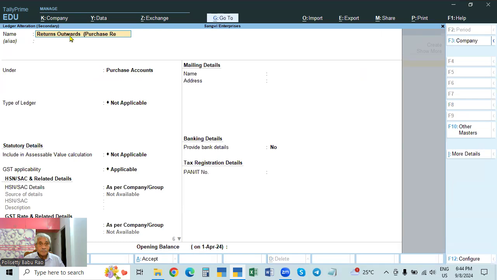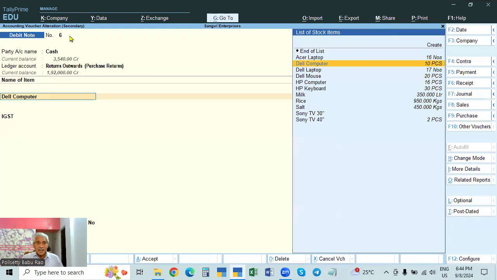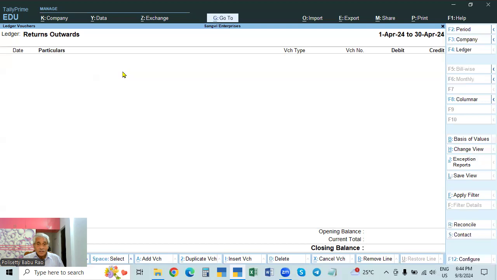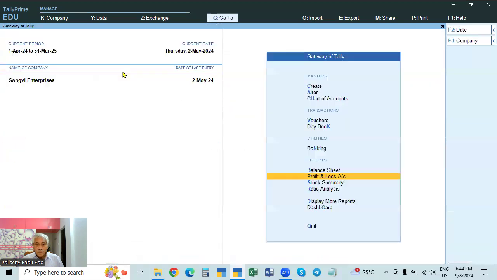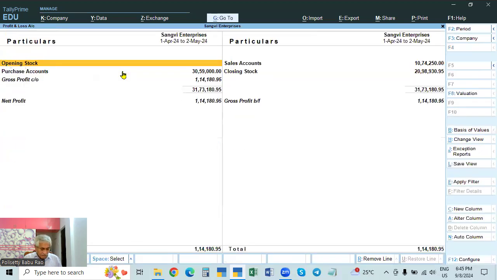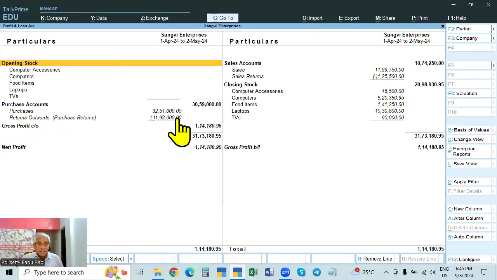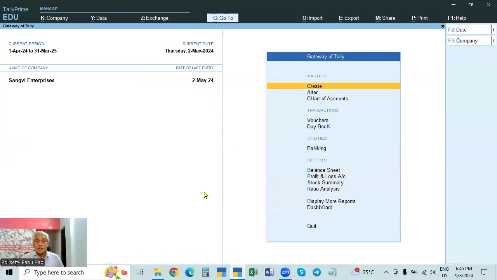So no problem, you can create like this. In such a case, say returns outwards, purchase returns, and if you go to the profit and loss account, see purchases, returns outwards, purchase returns. So just for our understanding, okay. So we can do like this.